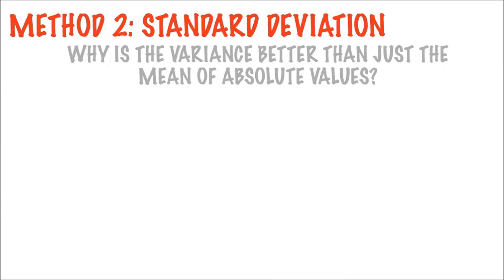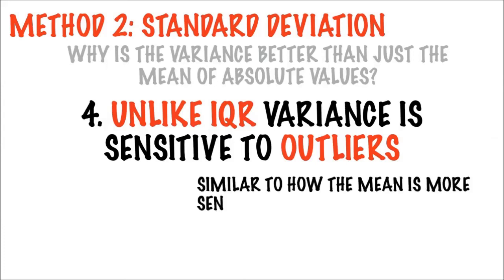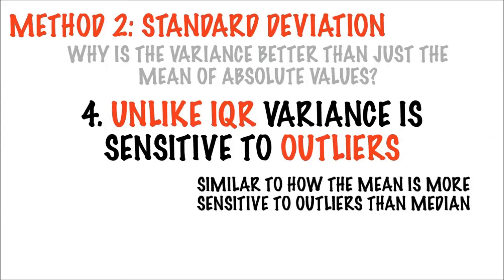Reason number 4 why the variance is an excellent measure, and this compares the variance with the interquartile range, is that variance is very sensitive to outliers. Remember that the interquartile range is the difference between the third and the first quartiles. In other words, it ignores the maximum and the minimum values in a set of data.